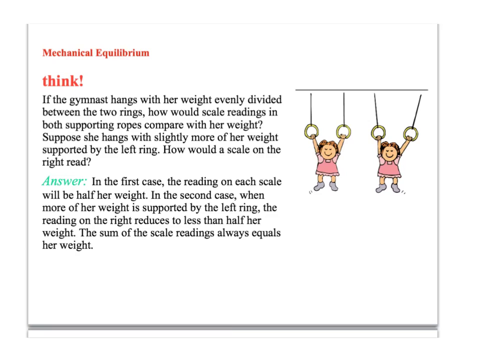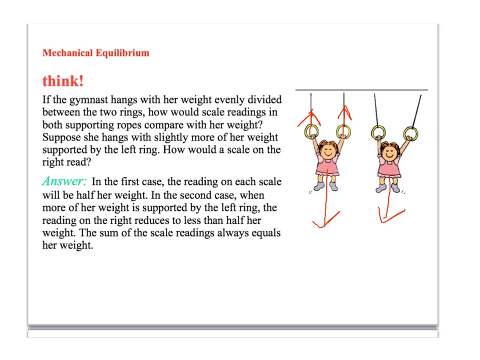All right, and here's the answer, which hopefully you have figured out. Let's draw her weight as an arrow acting downward. If she's hanging by two ropes evenly spaced from each other, the total of the tensions has to add up to the force going down. If they're evenly spaced, each one is going to be half of her weight.